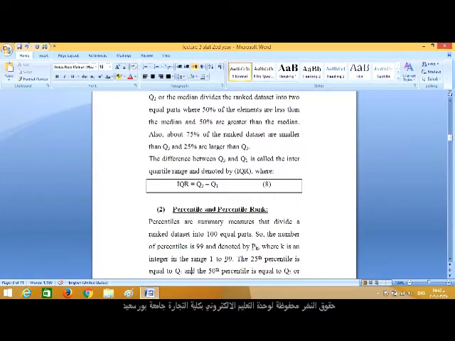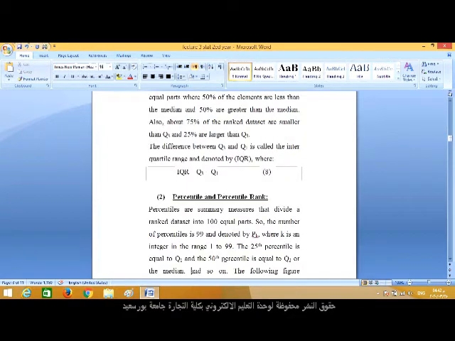The 25th percentile is equal to Q1. That's right. Percentile number 25 equals the first quartile, and the 50th percentile is equal to Q2 or the median, and that's right, and so on.